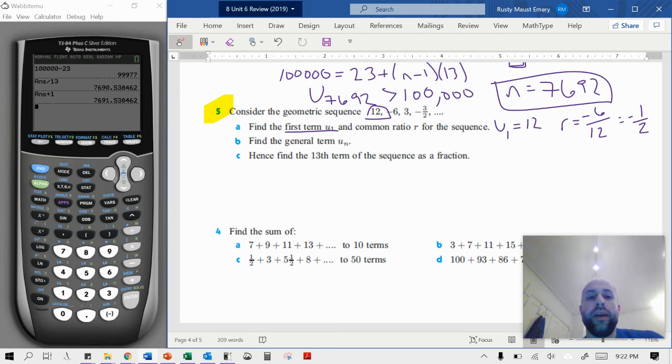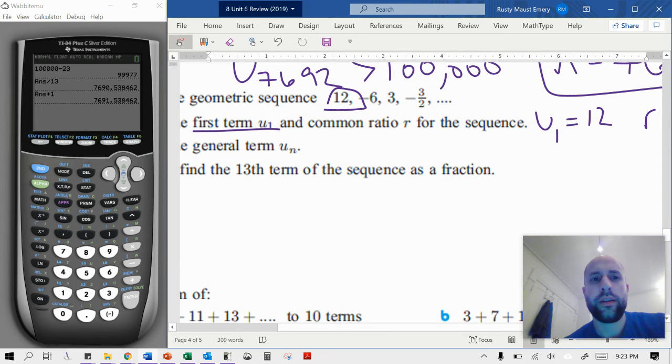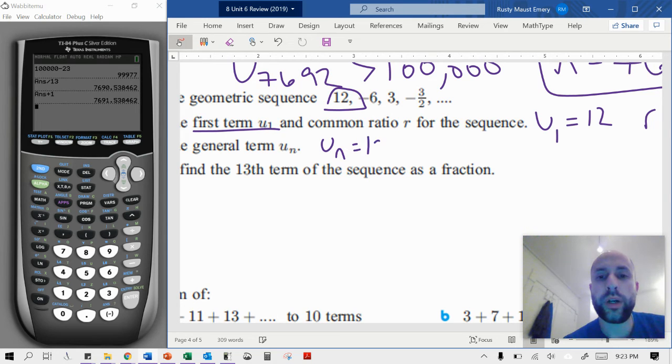Okay. Find the general term. That's easy. I have u sub 1 and I have my common ratio now, so I can easily plug those two things in. So u sub 1 is 12. So u sub n equals 12 times negative 1/2 to the power of n minus 1.